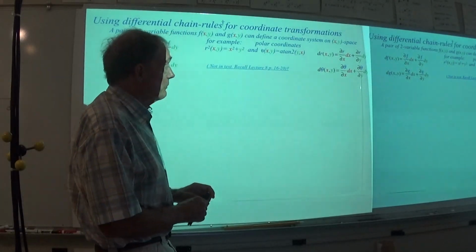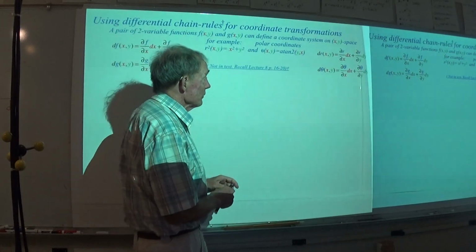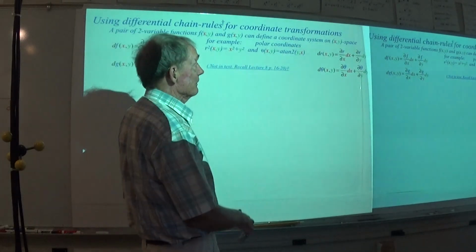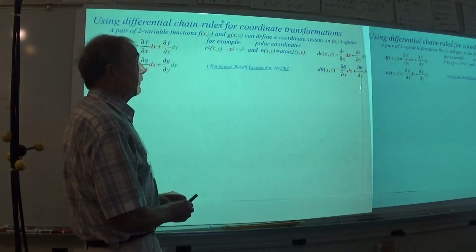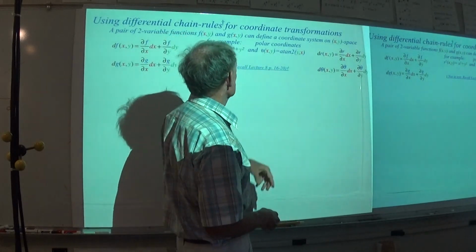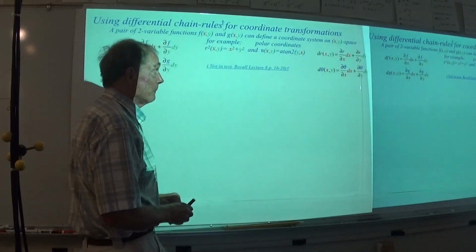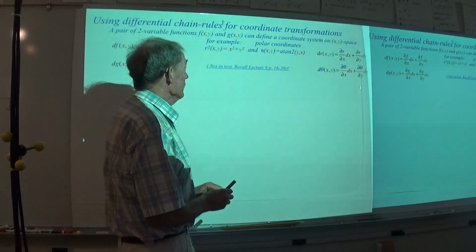Just pick any continuous functions, and it's probably going to give you a mesh of some kind. It's not necessarily orthogonal, but we're going to pick one that is orthogonal, and that's the good old-fashioned polar coordinates. So that's our first deal here.